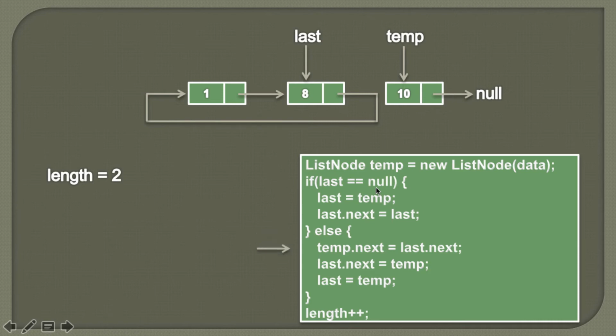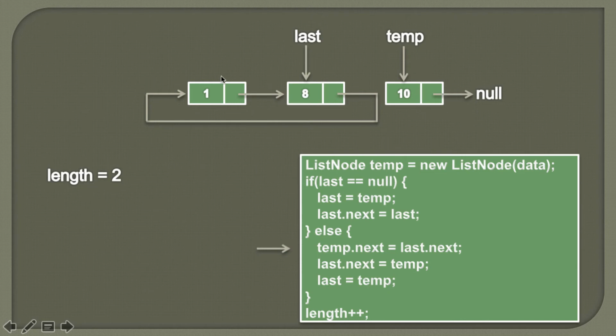The first step in the else part is we simply assign the value of last.next to temp.next. Here you can see last.next is pointing to this first node and temp.next is pointing to null. And as we want to insert this node at the end of a circular singly linked list, we know that after its insertion, this temporary node becomes the last node.